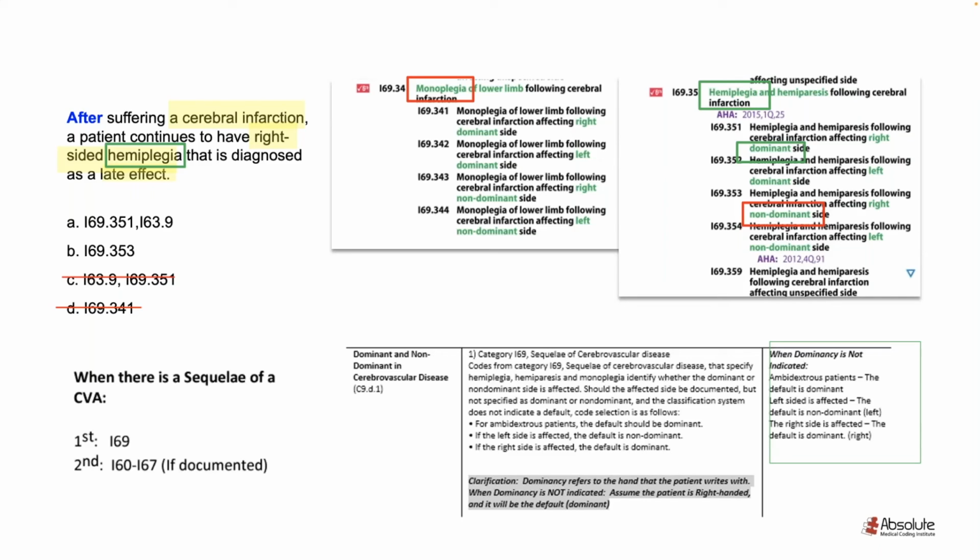And our job is to code the best answer of the four, and the best of the four is A, because A is sequencing your late effect first and sequencing your acute cerebral infarction second.